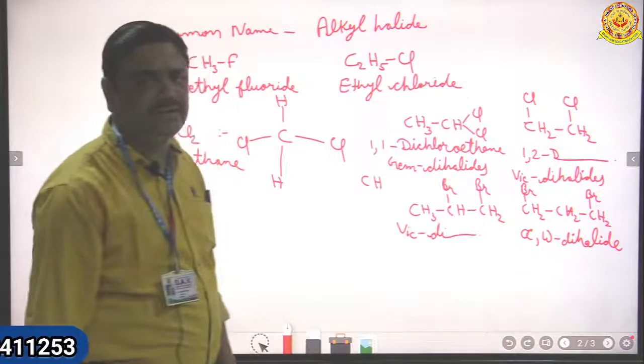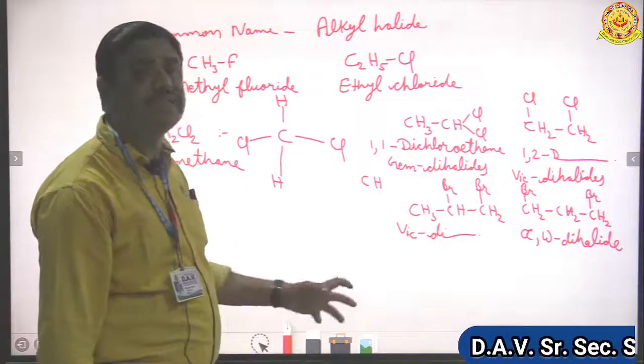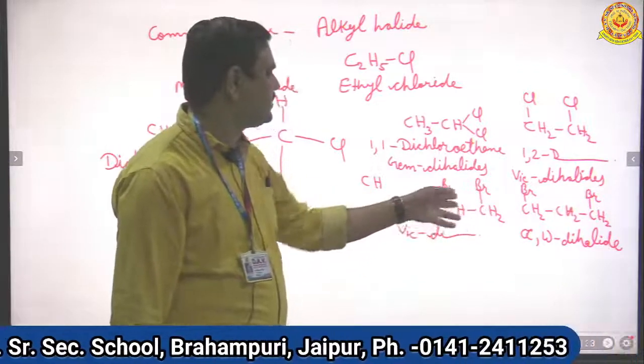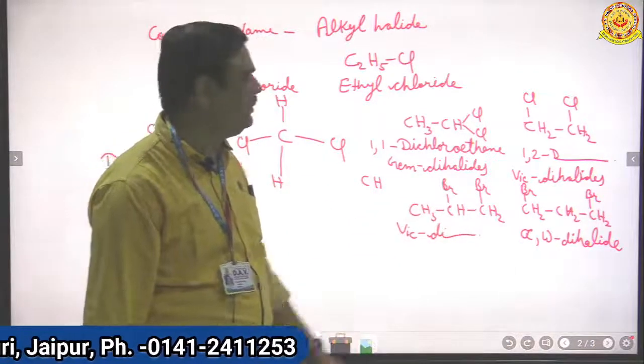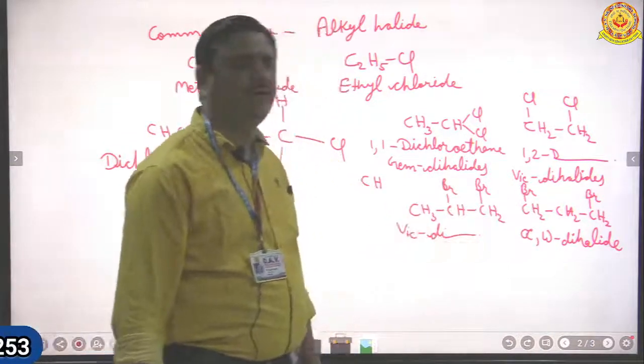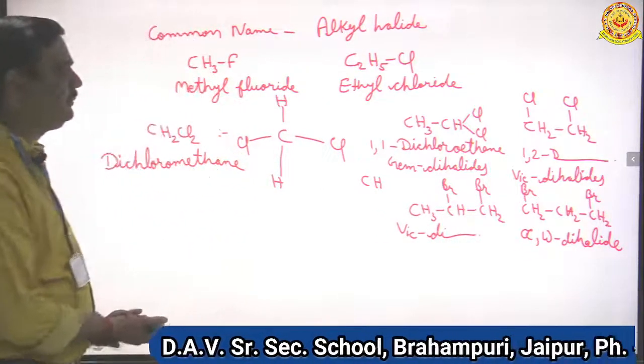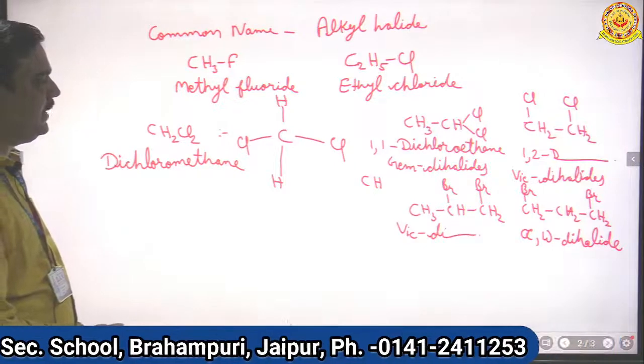These are the categories in the common system. In IUPAC, this will be named 1,2-dibromopropane. This will be called 1,3-dibromopropane. I hope this one is clear.